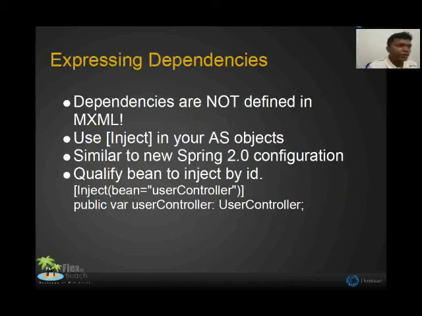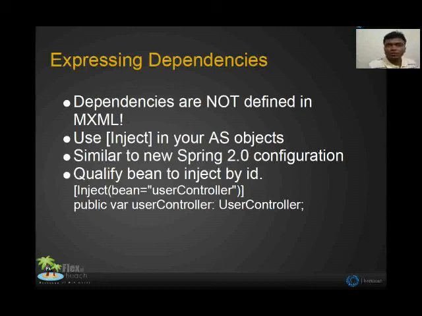So the line Inject with bean equal to userController means it will search for a bean with the userController ID and inject that bean inside this particular class. That particular instance is used everywhere, and when a bean is declared in the context, it is a singleton by nature. If you don't want a singleton, you can use prototype to have new instances created.